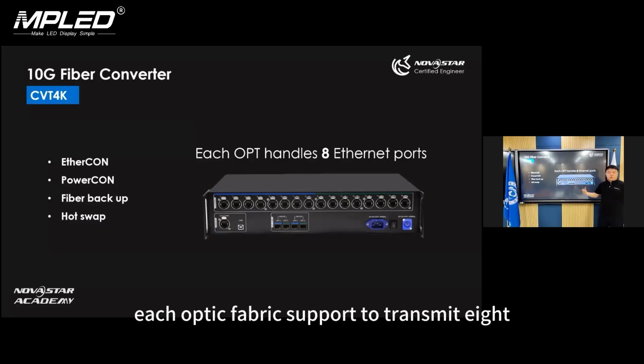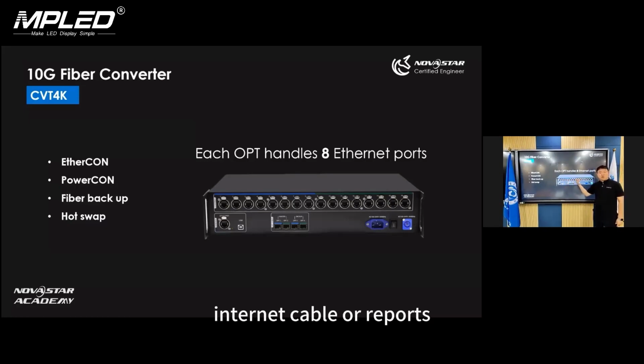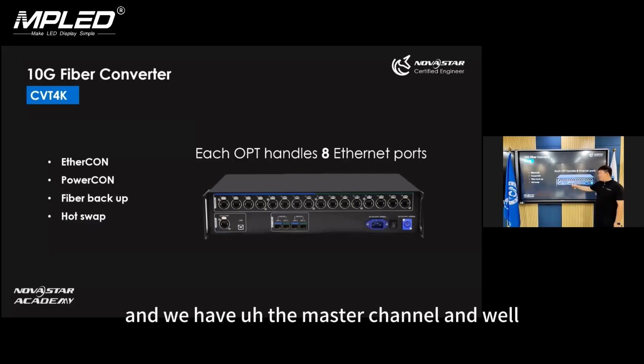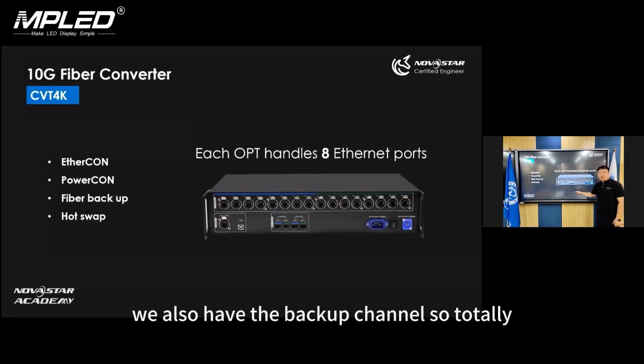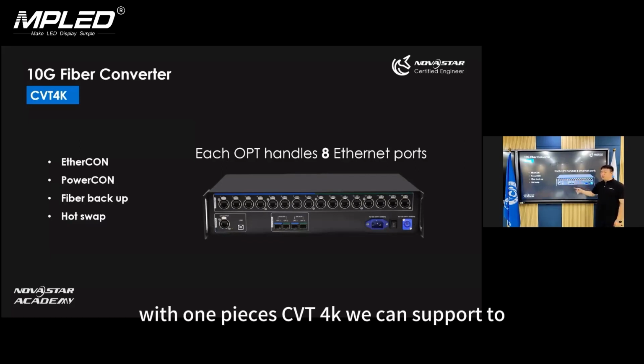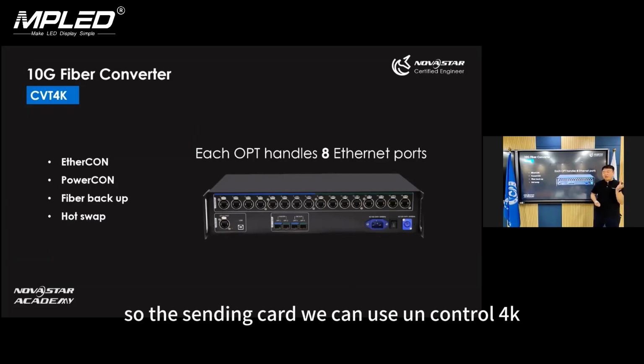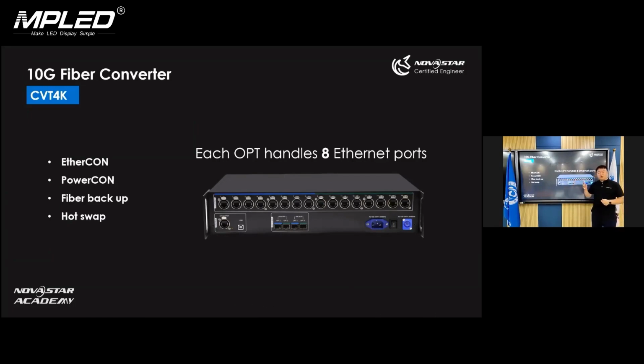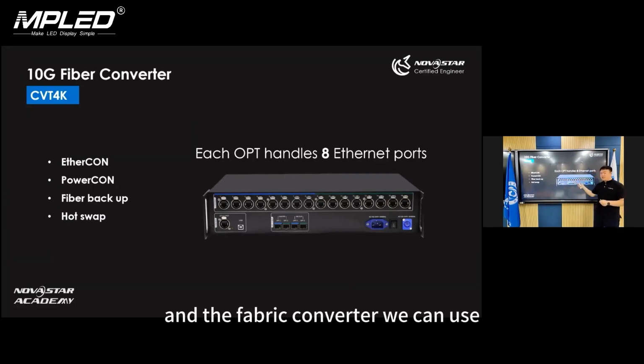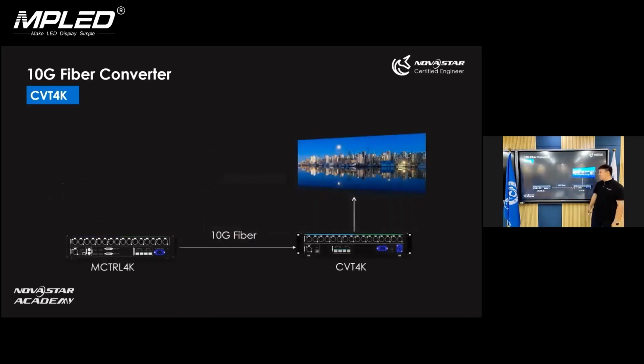Each optic fiber supports transmitting 8 Ethernet cable output ports. We have the master channel, and we also have the backup channel. So totally, with one CVT4K, we can convert 4K screen resolution data. For the sending card, we can use the AMP control 4K, and for the receiving card and the fiber converter, we can use the CVT4K. The structure will be like this.